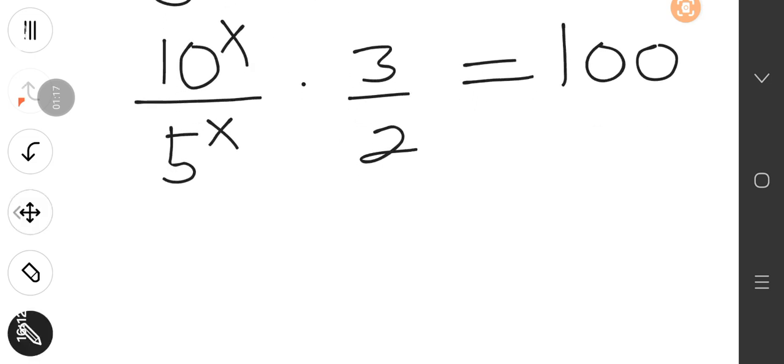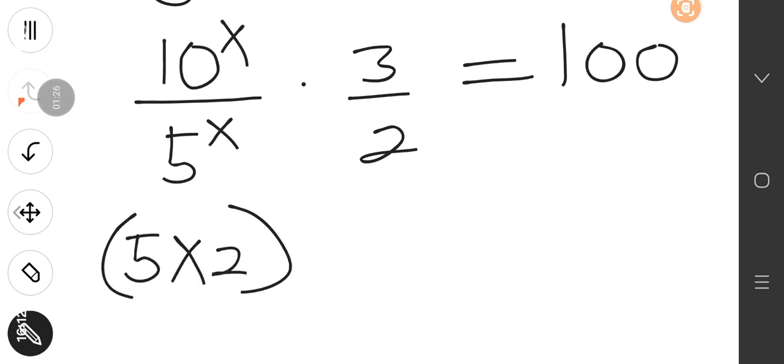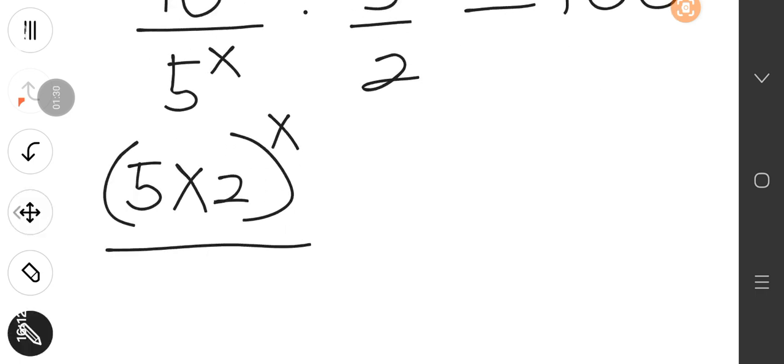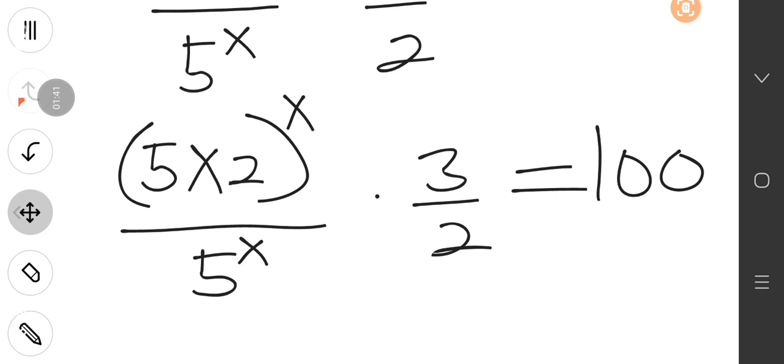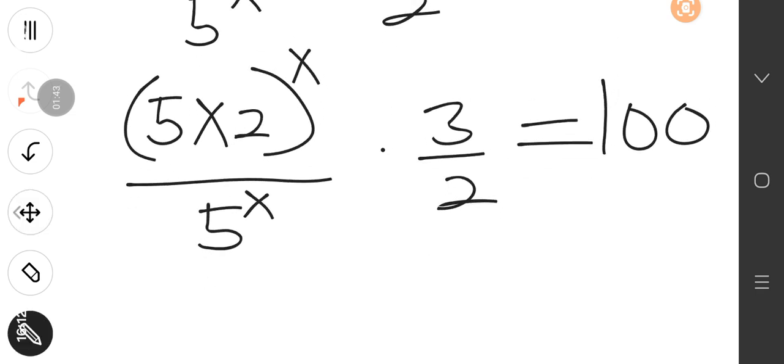Now this 10 exponent x here can be written as 5 times 2 all in a bracket exponent x. Now we are going to apply the product rule of indices.